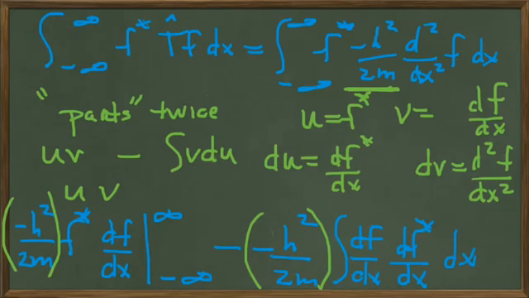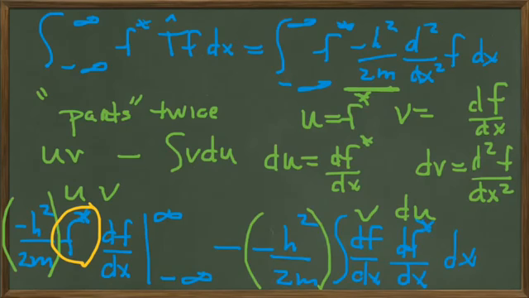On the other side we want to have v du, so here is the v and here is the du. Now recall that we said on the previous slide that when either f or f asterisk are going to infinity or minus infinity, it becomes 0.